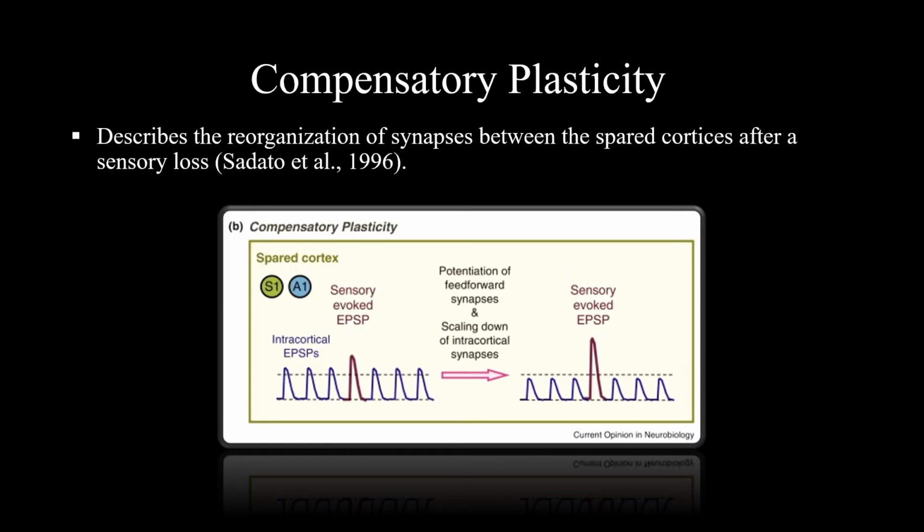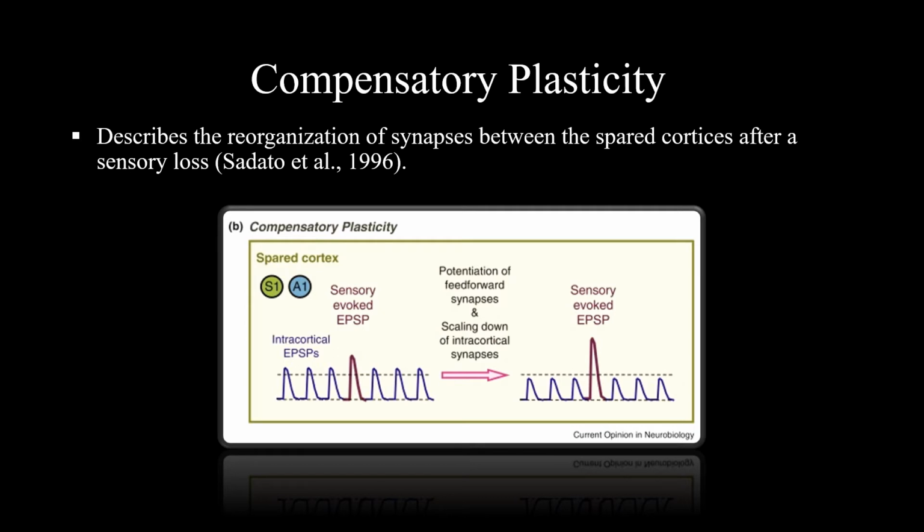Second, compensatory plasticity describes the reorganization of synapses between the spared cortices after sensory loss. Basically, the somatosensory cortex of a blind person, if we're working with that example still, is different than the somatosensory cortex of those with sight. So to compensate for this deprivation, the brain strengthens or weakens synapses in the spared cortices.